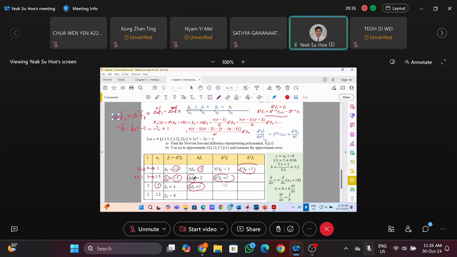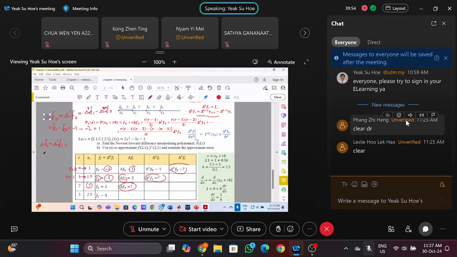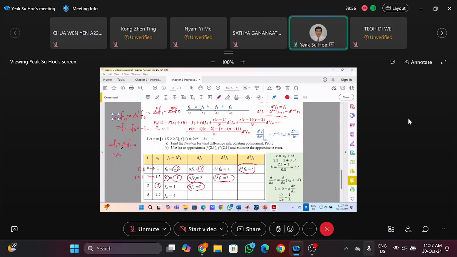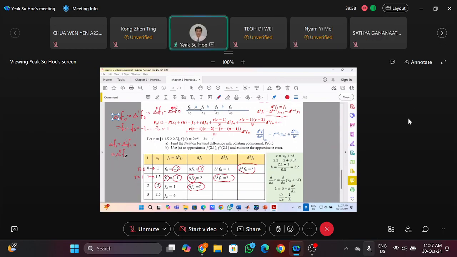Delta F1 is delta power 1. Delta and delta power are the same, F1. So you substitute. This K is 1. What is I? I is 1. Substitute inside, then you get delta 0 F2 minus delta 0 F1.